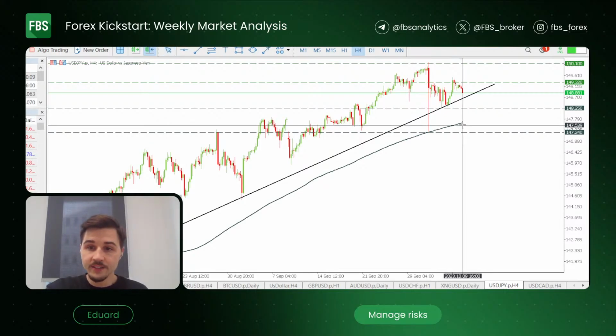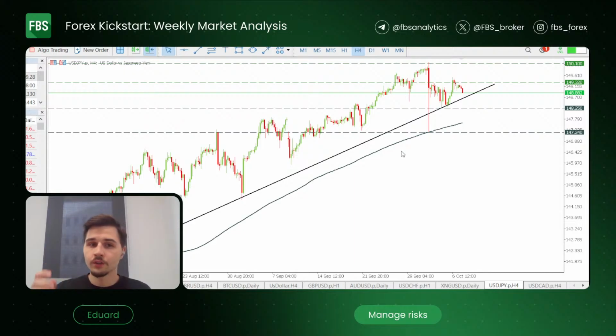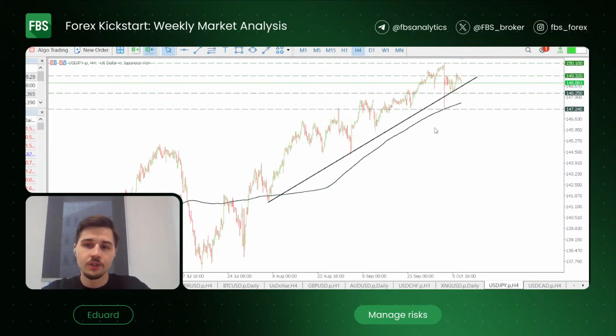The next target is the breakout of the 200 moving average. The breakout of the 200 moving average on the 4-hour time frame is for me a strong sell signal for the USD JPY, because it probably would mean that the downtrend has really started, and we can look into sell trades on any reversals.